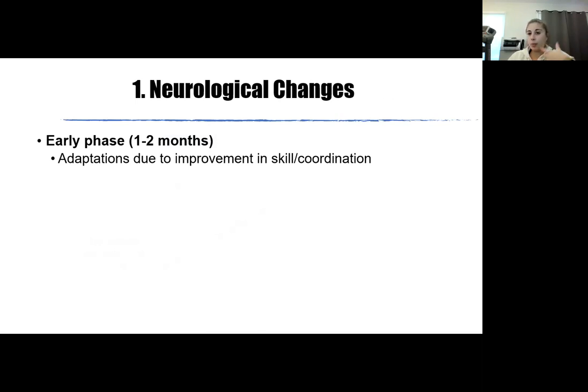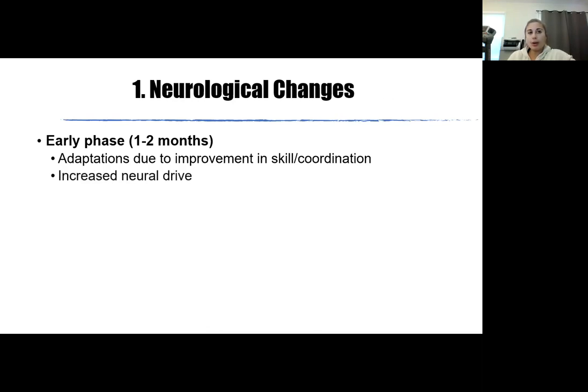Some people might be learning on machines or doing body weight exercises or resistance band exercises and learning technique. Once a client has improved their technique, they're going to be able to get stronger, because now they're better able to recruit those muscles to perform those exercises, and hopefully eventually lift more weight.